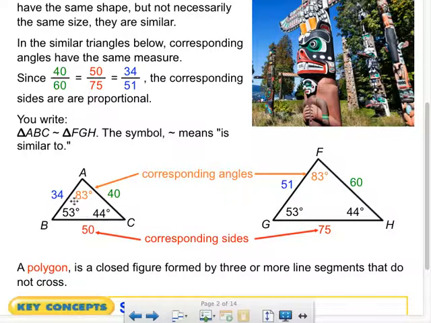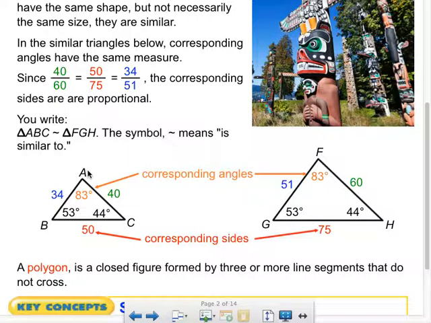When we measure the angle formed by two sides, the degree measure tells how these sides pinch down on each other. Do you guys understand? They meet at a point called a vertex. How do they meet? Well, the angle tells us how they meet. So if you look, angle B is 53 degrees, and that corresponds to angle G, which is also 53 degrees.